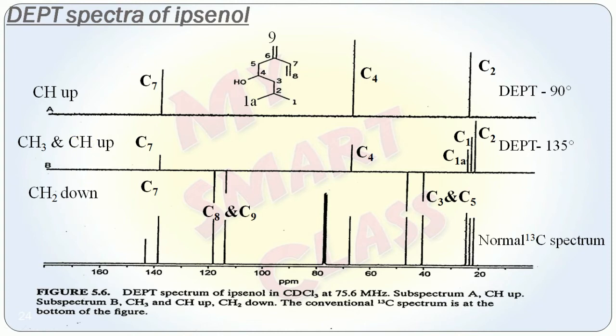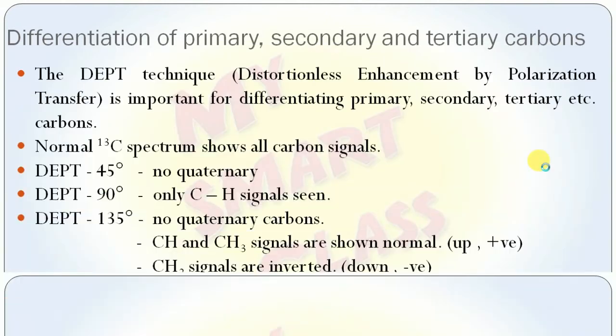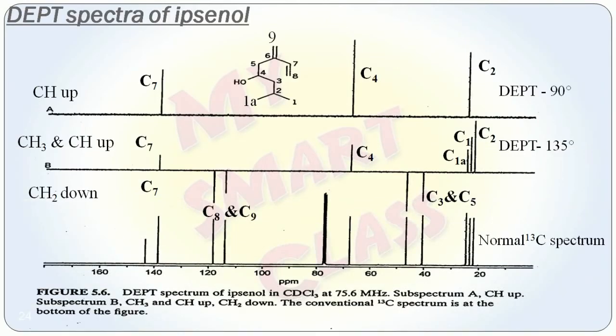So be clear, again I am repeating how to find out quaternary, primary, secondary and tertiary. This whole analysis is done by only DEPT 90, DEPT 135 and the normal spectrum. If you have these three spectra, you can easily judge which is primary, which is secondary and which is tertiary. First of all we take the normal 13C NMR spectrum and calculate the total signals.